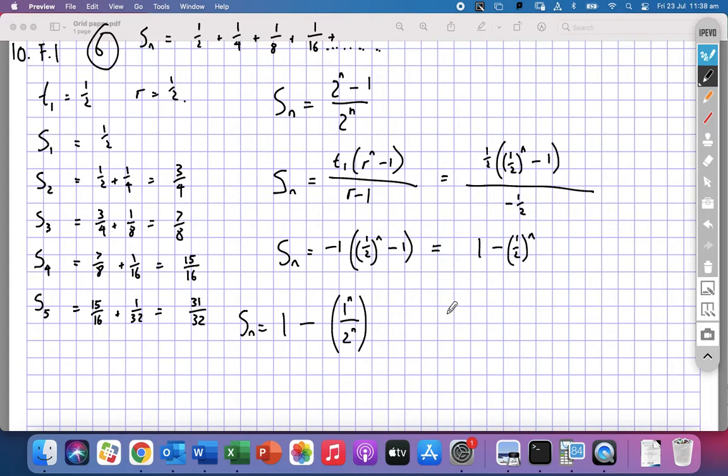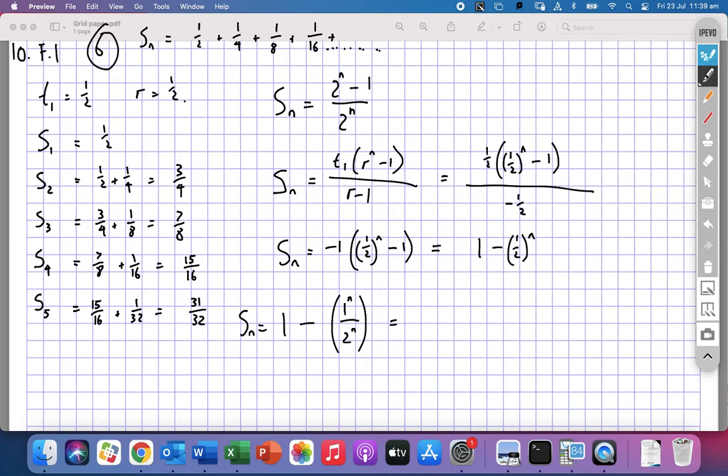Okay. We could give this a common denominator. And at this point, we've got the same formula as we had up here. I'm just wondering, are you following that?